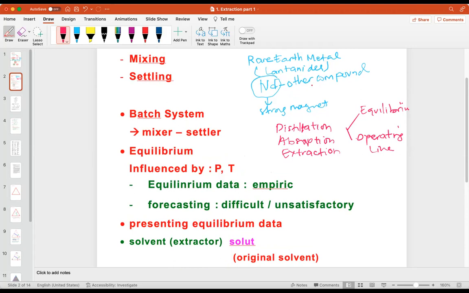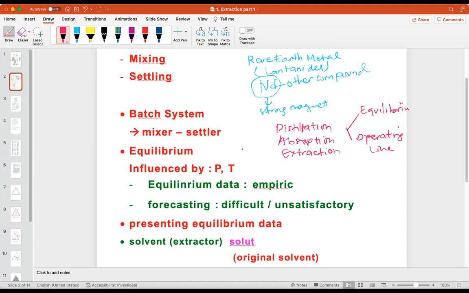I read a paper from Batan, the Pusat Tenaga Nuklir, where they performed some experiments to find the equilibrium data.